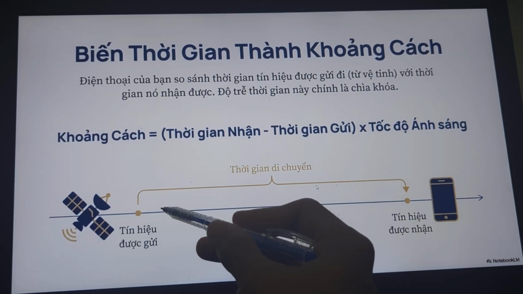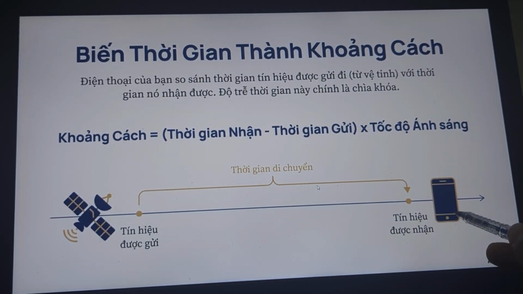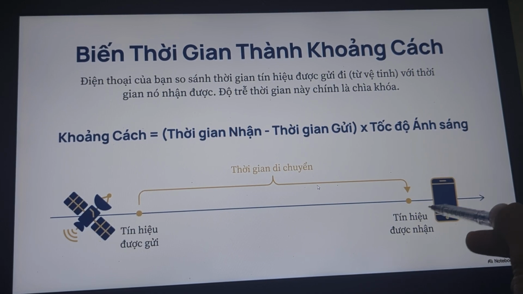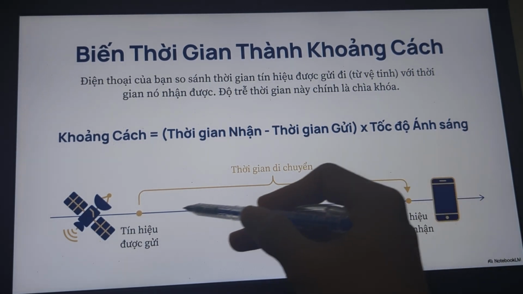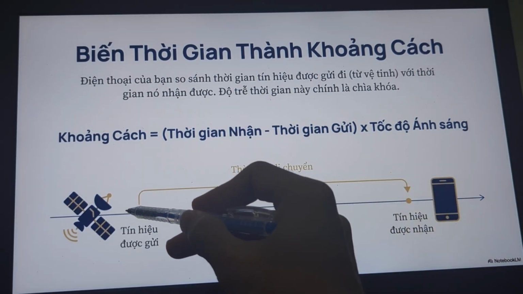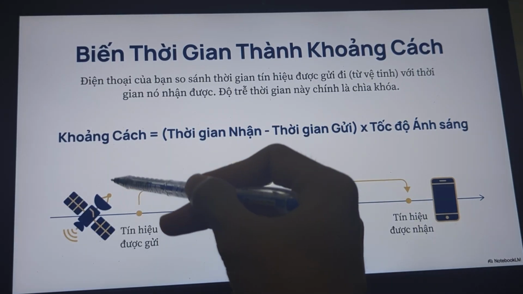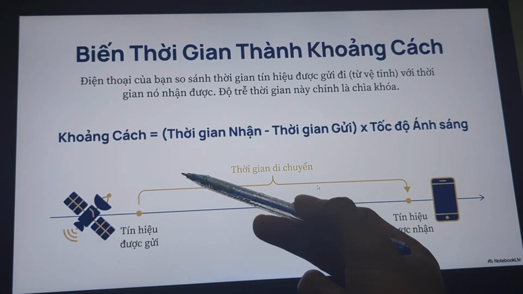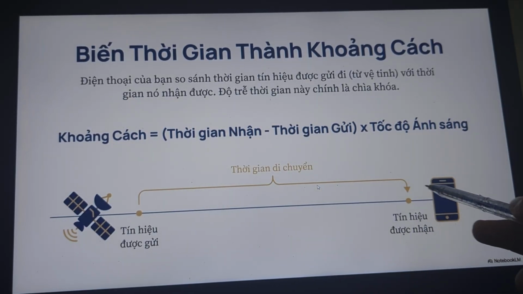Your phone will receive signals from satellite 1, satellite 2, satellite 3, and the other satellites, and process them to calculate your exact position.